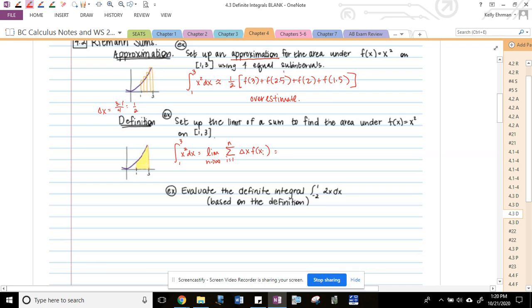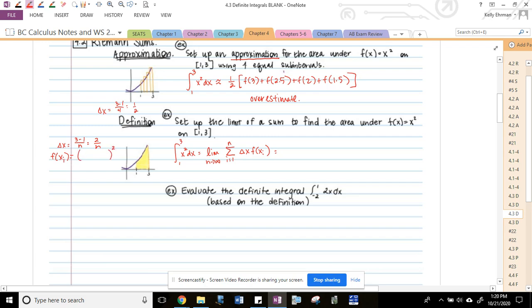And then remember, your job is to figure out what expression is delta x and what expression is f of x sub i. So off to the side here, delta x is 3 minus 1 divided by n subintervals. So it's 2 over n. And f of x sub i, our function is x squared, something squared.